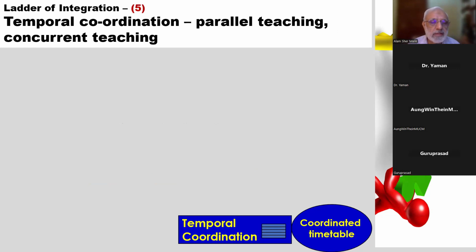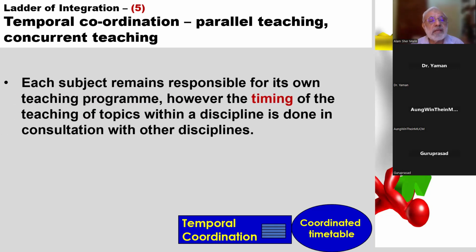And then let's go straight to level 5, which is temporal coordination, parallel teaching, or concurrent teaching. Now each subject remains responsible for its own teaching program. However, the timing of teaching of topics within the discipline is done in consultation with other disciplines.